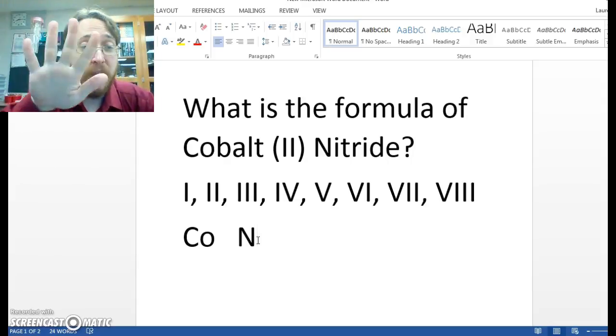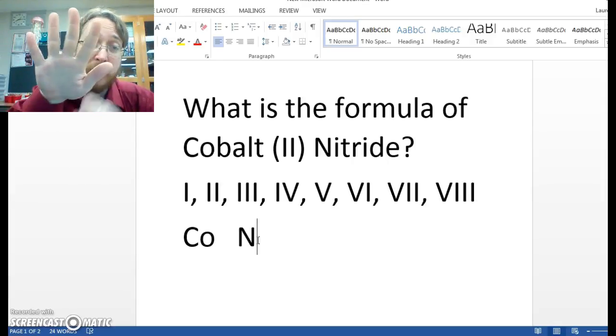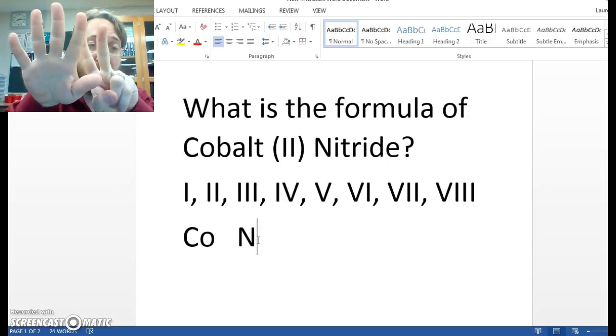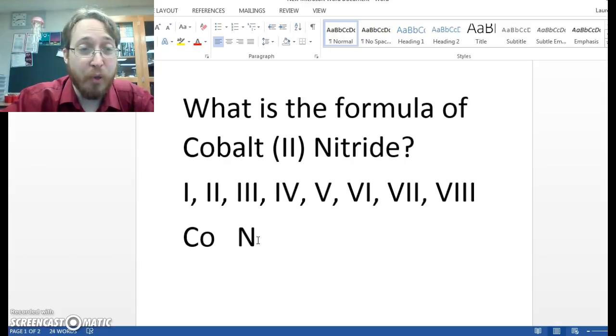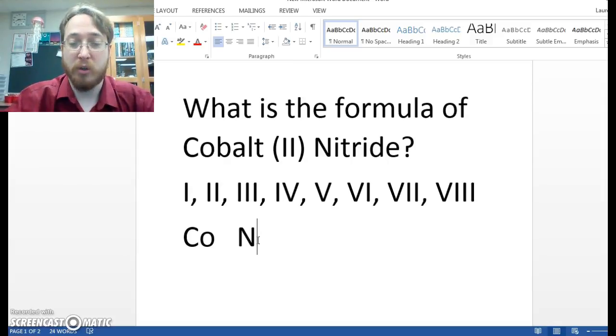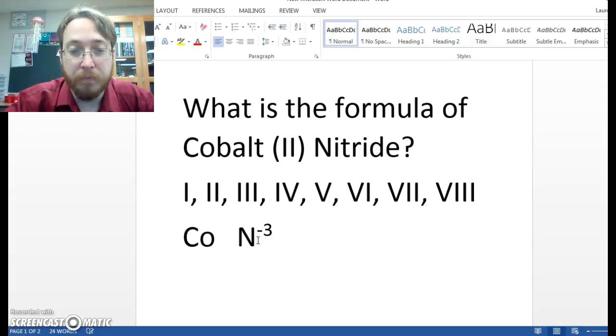So it has 5, and it's going to keep gaining until it has a full valence shell. That means it's going to get to 6, not full, 7, not full, 8. Now it's full. So it had to gain 3 electrons. If it gains 3 electrons, it's going to have a -3 charge. So we can write that in. Nitrogen is going to have a -3 charge.